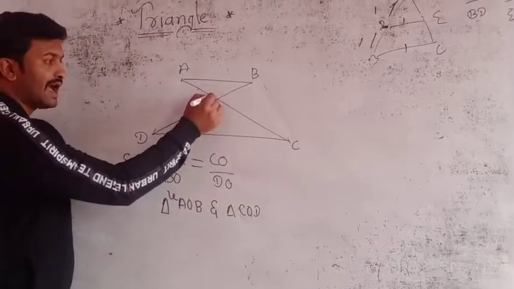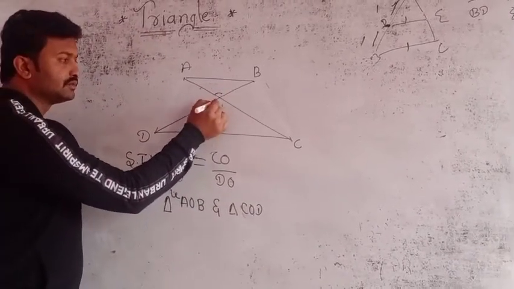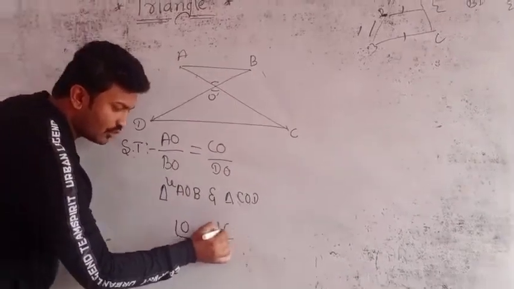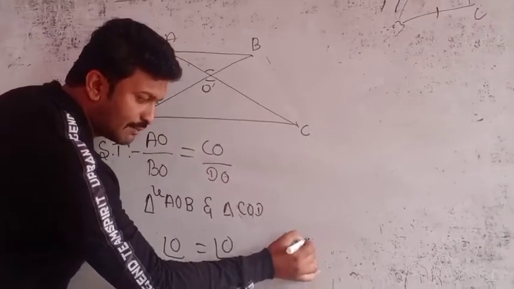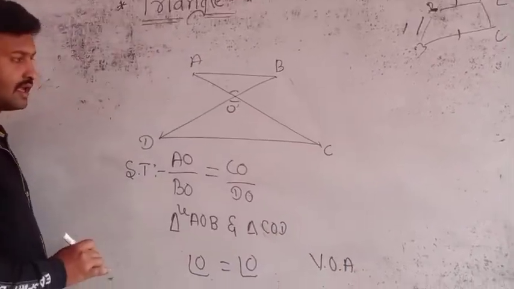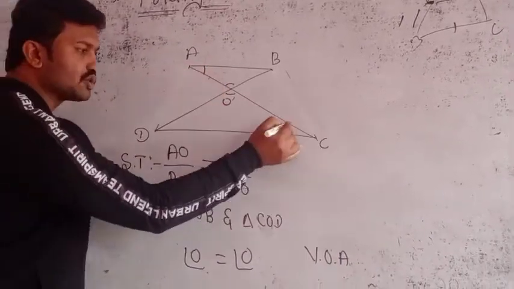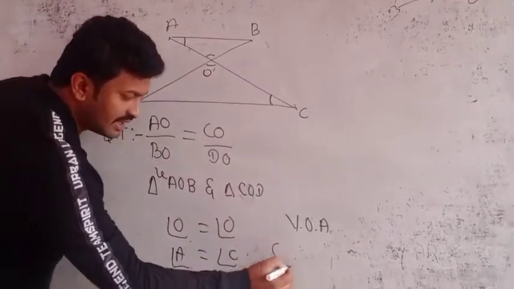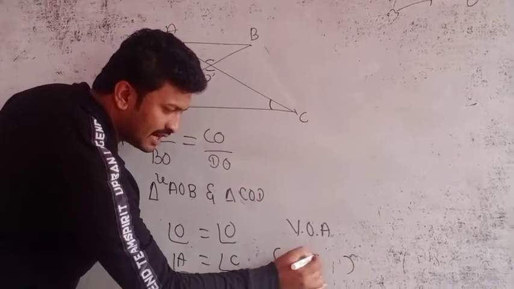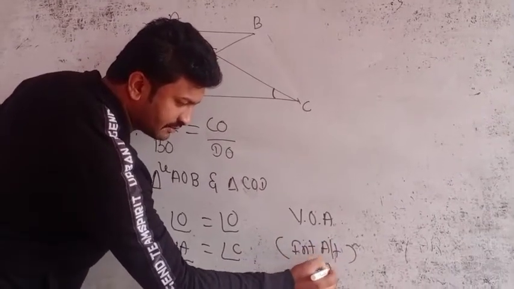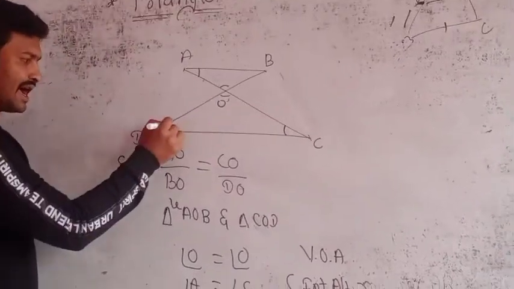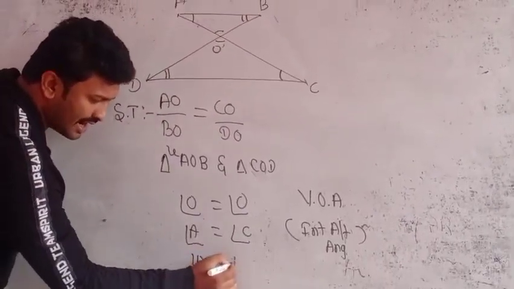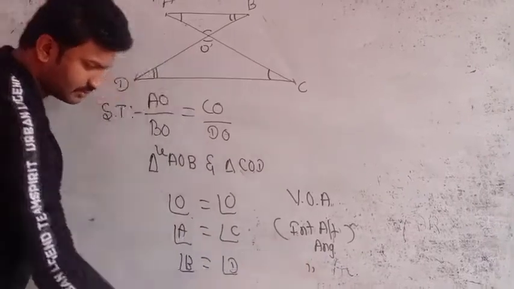Angle O equals angle O in both the triangles. Reason: vertically opposite angles. And one more, angle A equals angle C. Reason: alternate interior angles. Again, angle D equals angle B. Angle B equals angle D. Same reason.